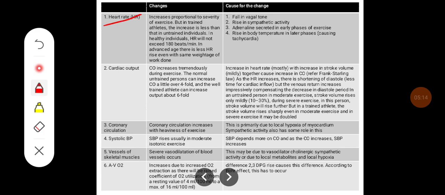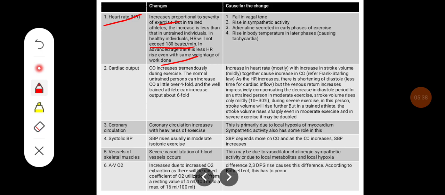The heart rate increases proportional to the severity of the exercise. But in trained athletes, the increase is less than that of untrained individuals. In healthy individuals, heart rate will not exceed more than 180 beats per minute. In advanced age, there is a less heart rate rise even with the same weightage of work done.